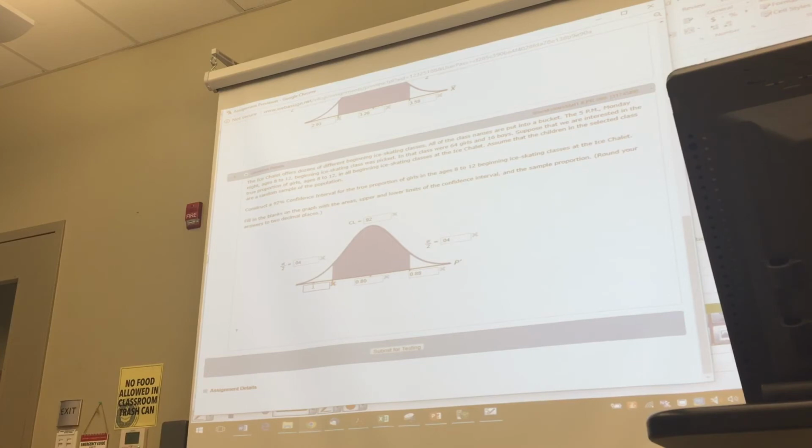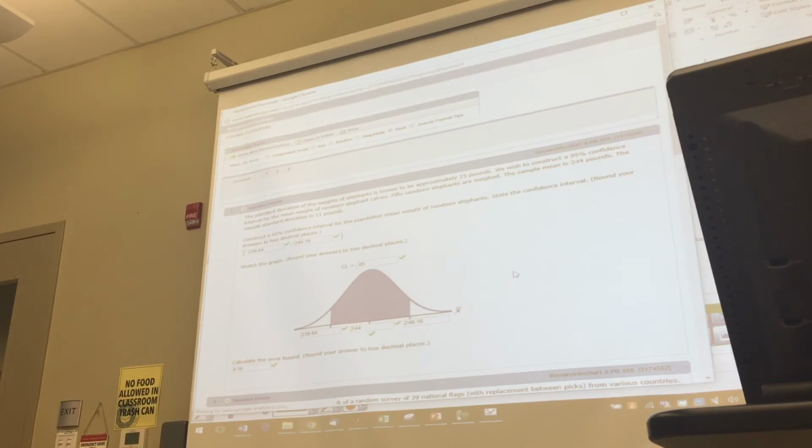And then I take 0.72. And if I hit submit test, let's see if I get a bunch of green check marks.